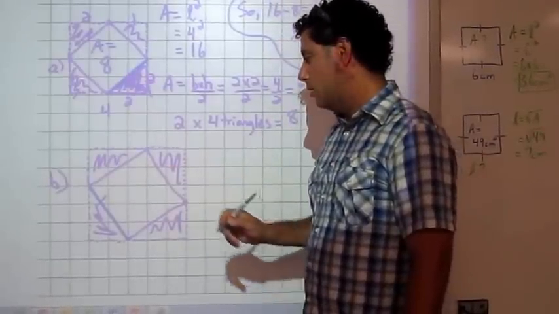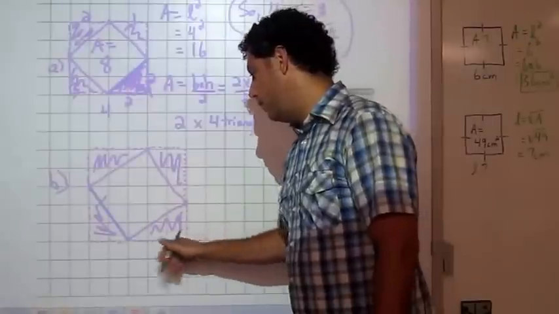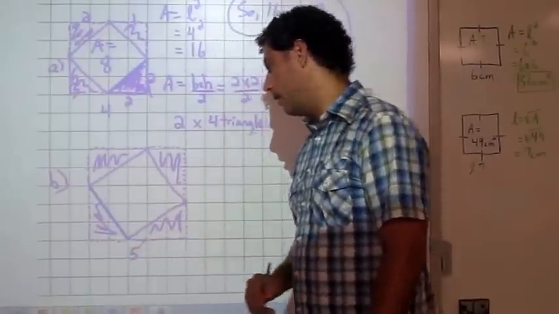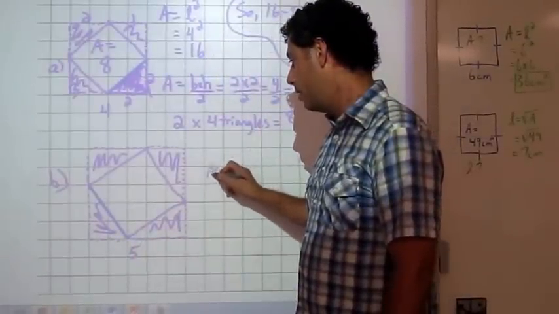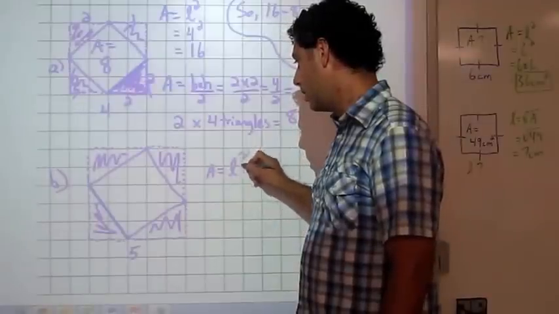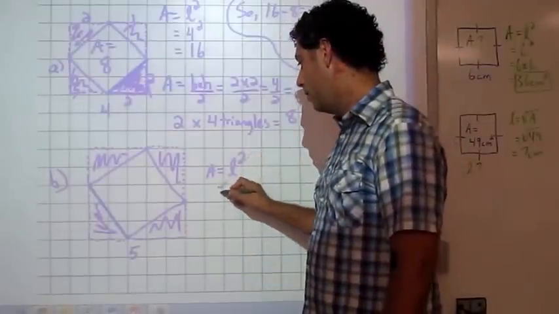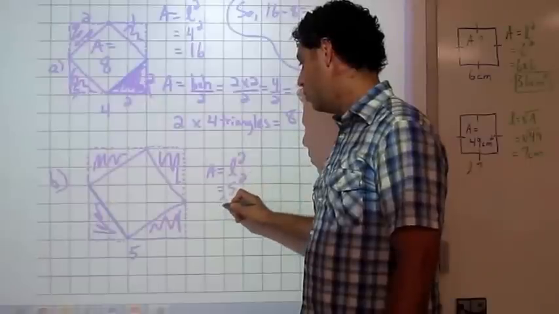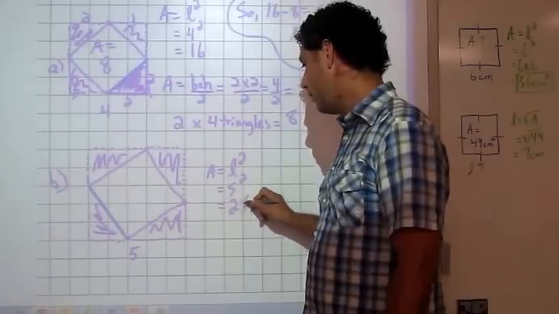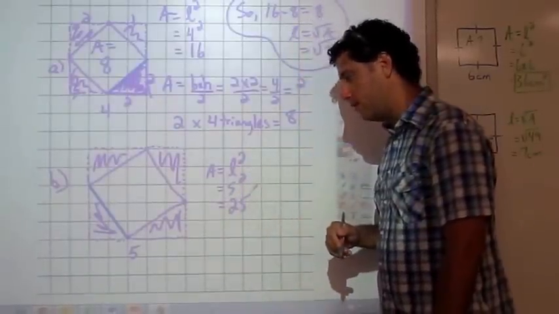Okay? So this has a side length of 5, and our area is going to be the side length squared. So that would be 5 squared, which is 25, right? 5 times 5 is 25.